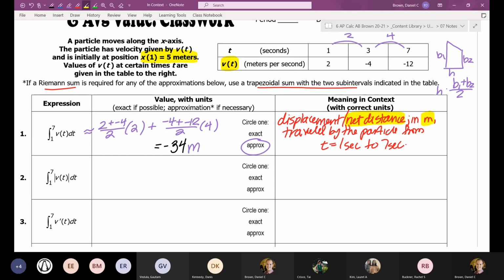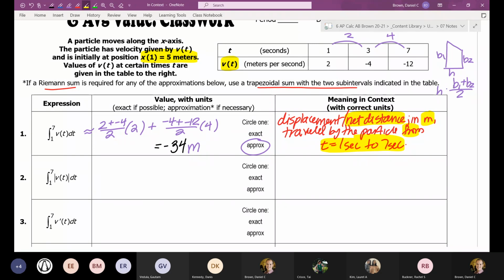When did it start? It started at 1 second and ended at 7 seconds. If you just said something like from t is equal to 1 to 7, that's not clear enough. You don't have units there. If you said up until 7, that's also not clear because it's not technically up until 7. It's starting at 1 and then ending at 7.